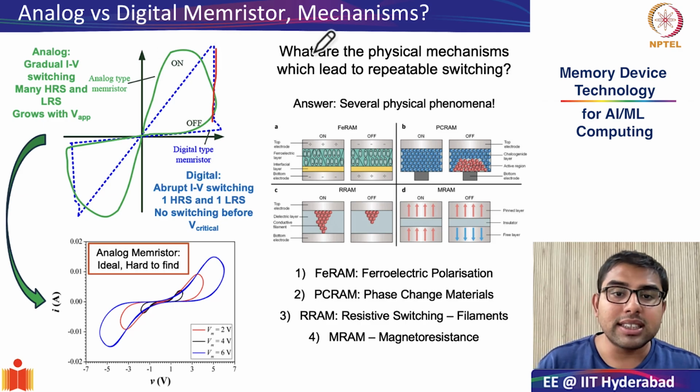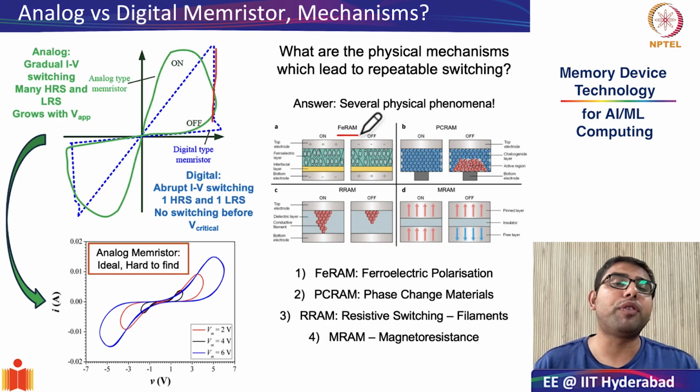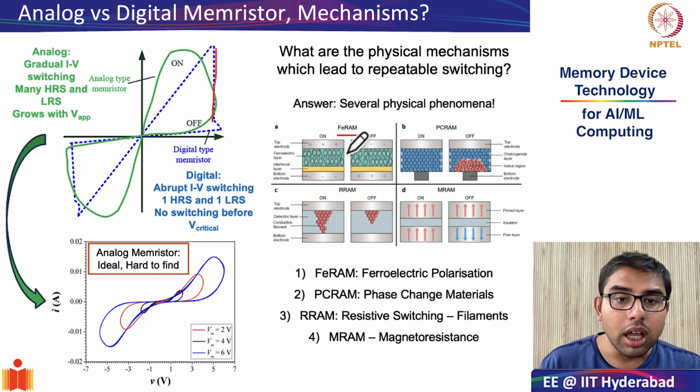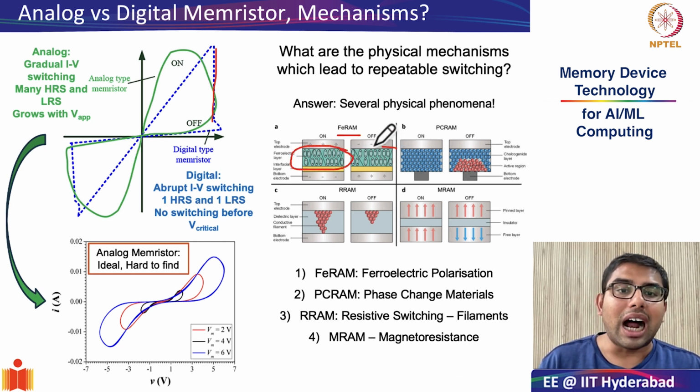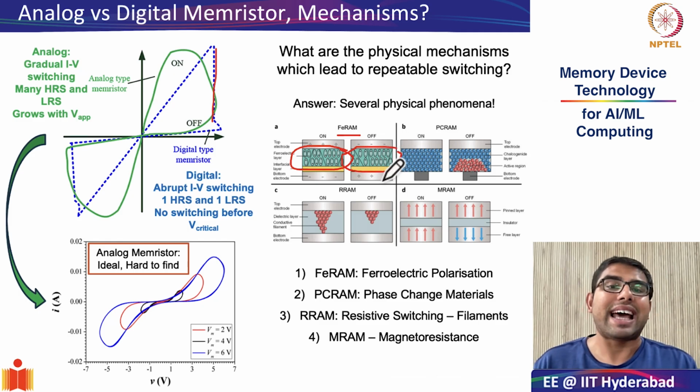So the first is something called FERAM. FE stands for Ferroelectric Random Access Memory. In FERAMs, what changes is the ferroelectric polarization in the functional layer between the two metallic films.